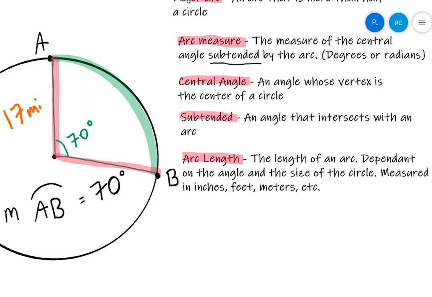That would make this distance different, even though this 70-degree angle would be the same. So that's the difference between arc measure and arc length. Arc measure is an angle. How much of the circle is it subtending? And the arc length is how far would you actually go between point A and point B along that circle.